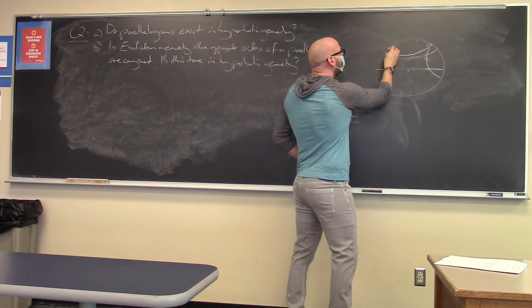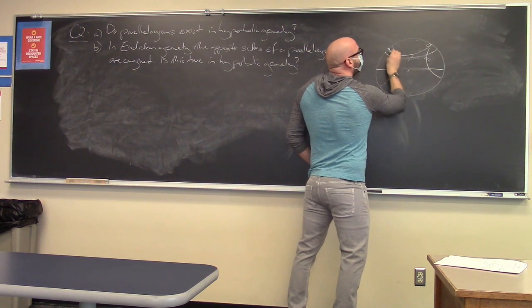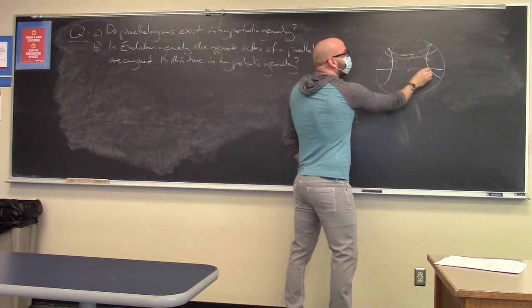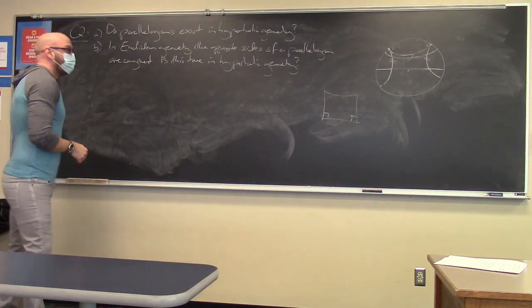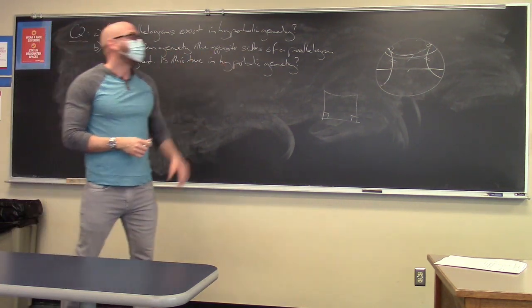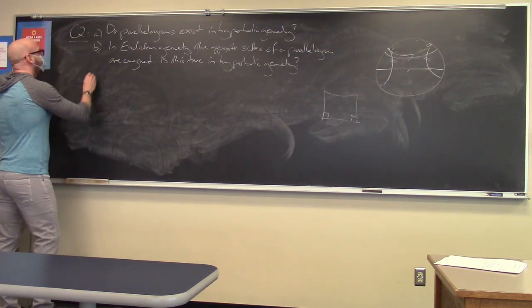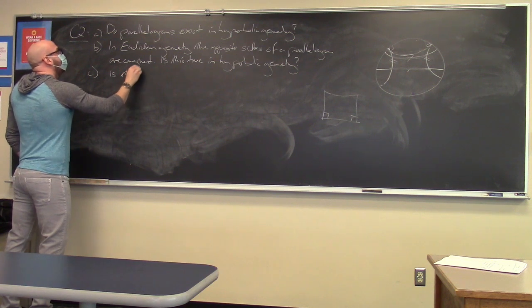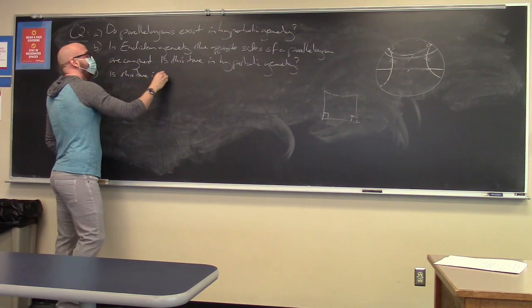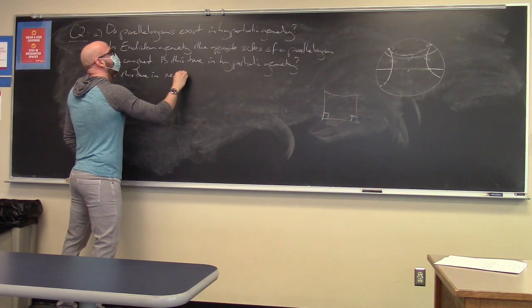But if I just move it in just a tiny bit, I can make this top arbitrarily long relative to this side. So I can definitely form parallelograms where opposite sides don't have the same length. So the answer is no, it's not true. And C, is this true in neutral geometry?